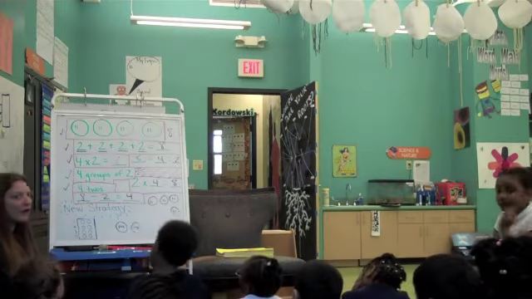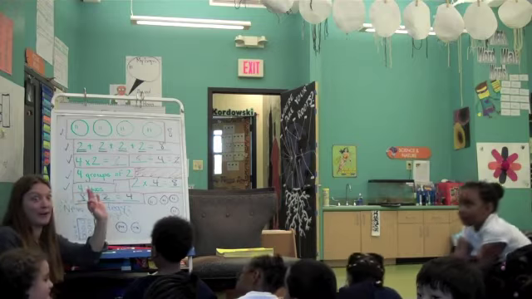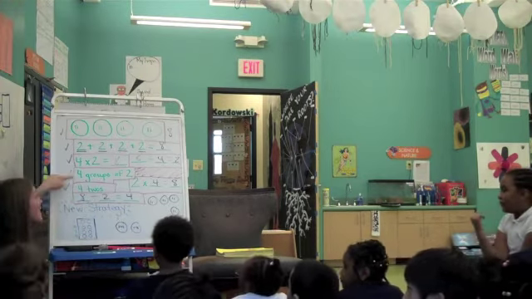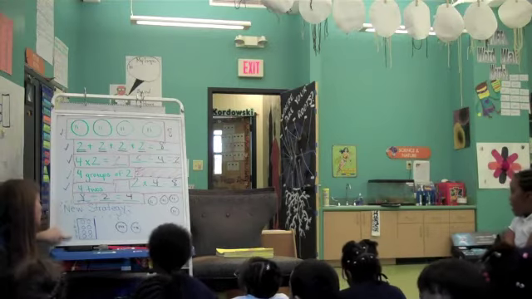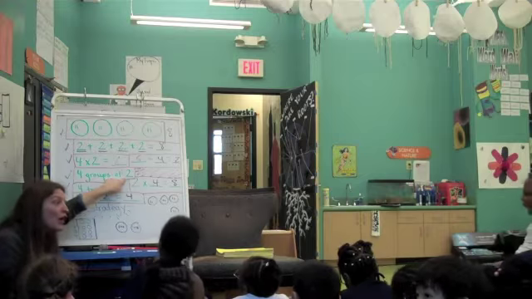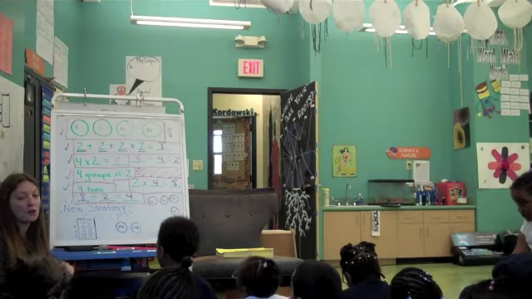Alexis. Because you're counting by 2. Yeah, I'm counting by 2s. Because I see I need 4 groups of 2. You guys rock.